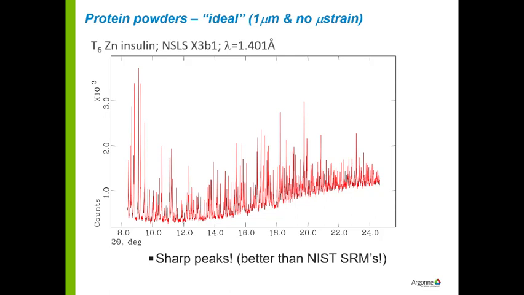These lines are sharper than the standards. And this is an insulin, and you notice it starts at 8 degrees. I don't show the pattern between a half a degree and 8 degrees because it would be up through the next floor somewhere. They're that strong. But there are just hundreds and hundreds of lines in that pattern.